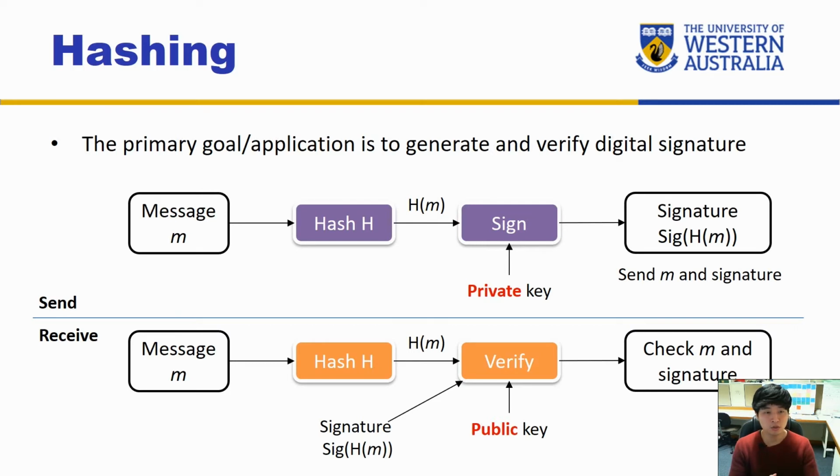So we chuck it into the hash function, and we should be able to generate the same hash output. Then we use the signature, which has been signed by the private key. So we grab the sender's public key and unsign it to receive the hash, and check whether that's the same hash that we computed from the message. So we can check M and the signature to validate whether the message is valid.